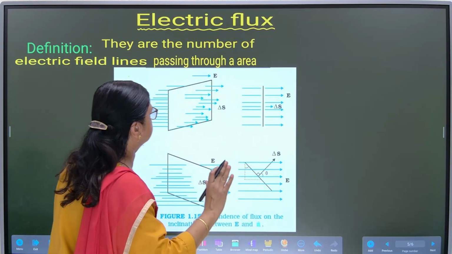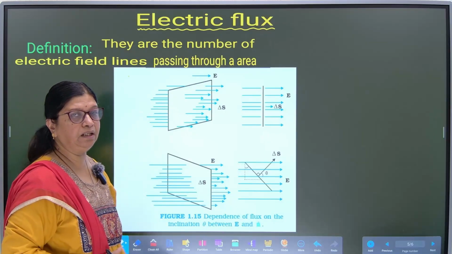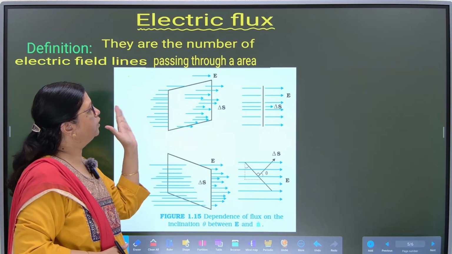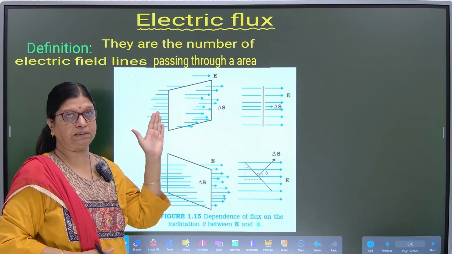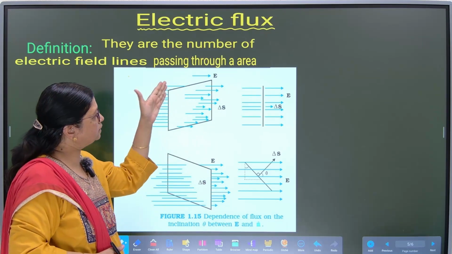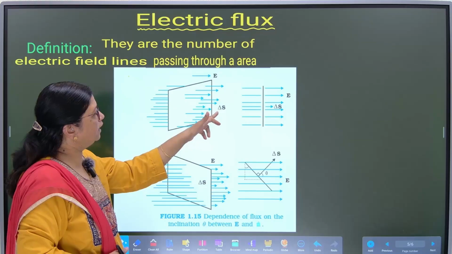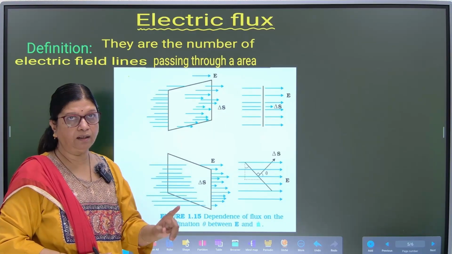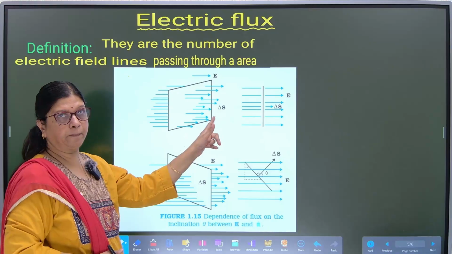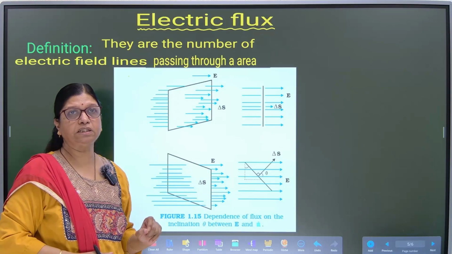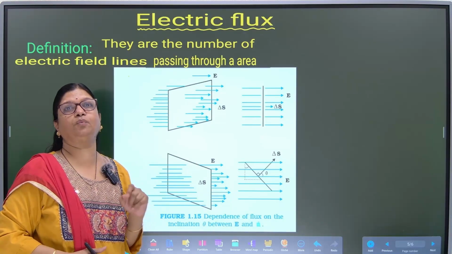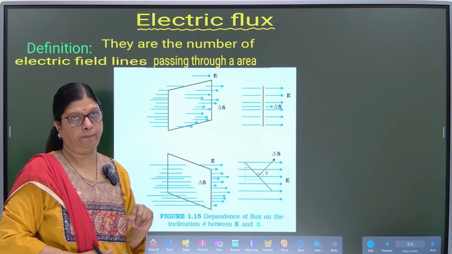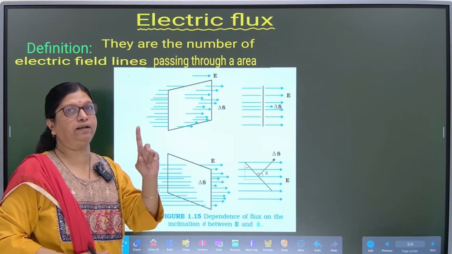Electric flux, as you can see in the diagram, is the number of electric field lines that are passing through the given surface whose area is delta S. Now, very important is the angle at which we are holding the surface with respect to the electric field.